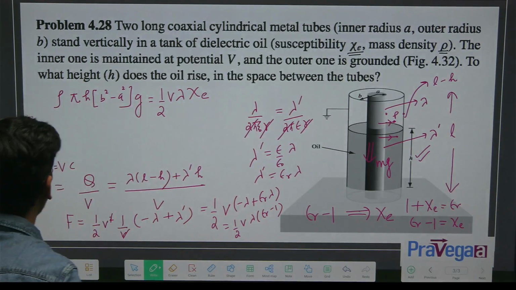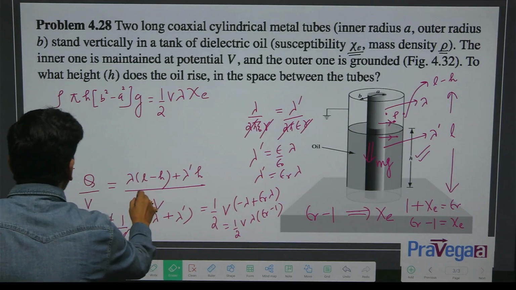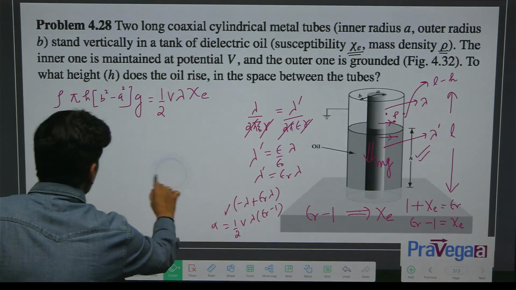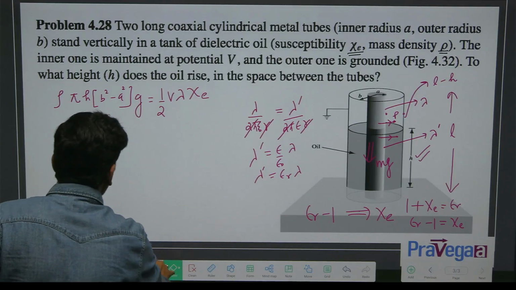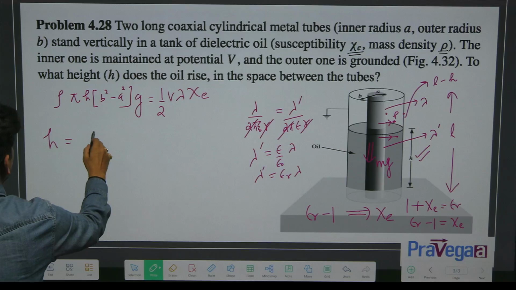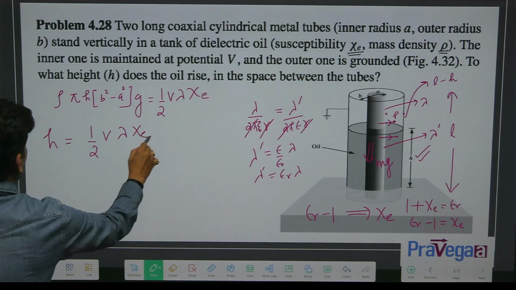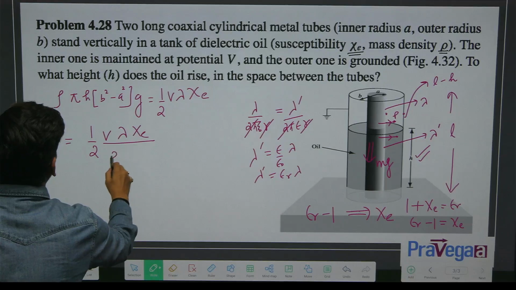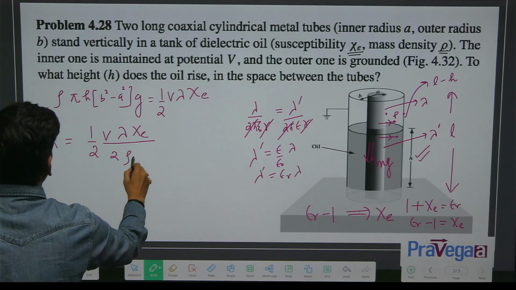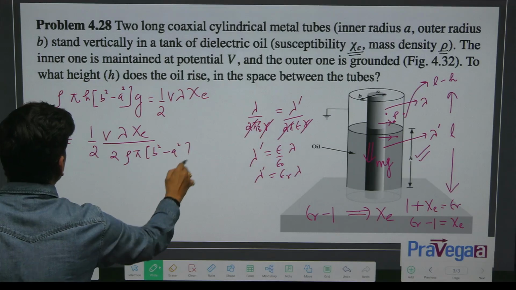Okay. So now what will be the h? And finally we have to write everything in terms of the quantities given in the question itself. So h will become equal to half V lambda chi e upon 2 rho pi b square minus a square.